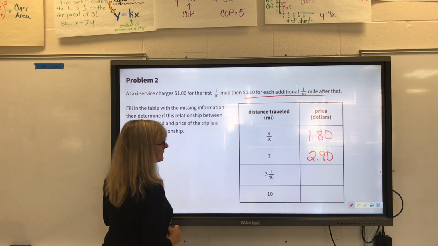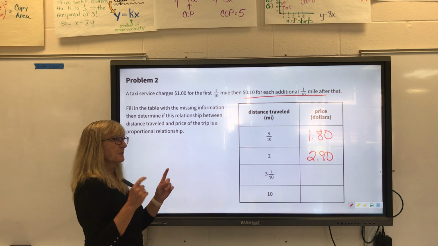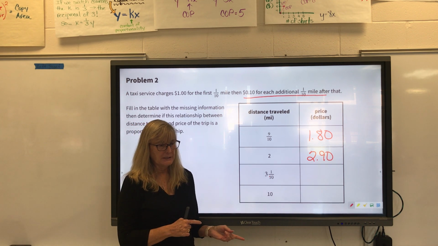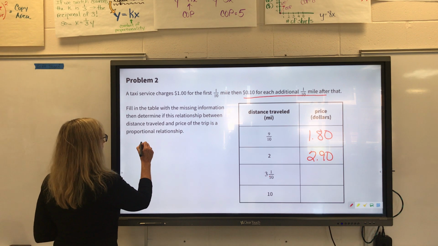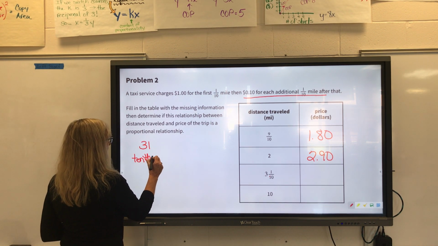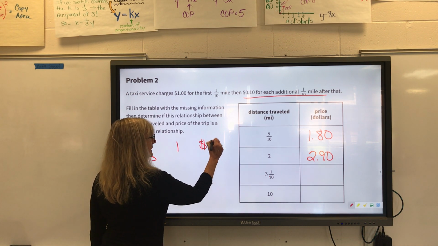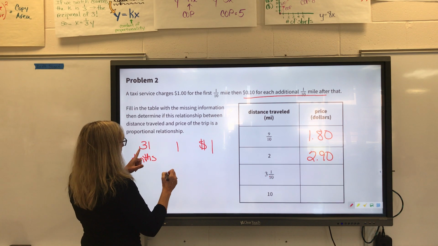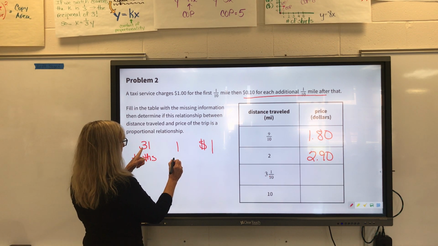Now we're going 3 1/10 miles. Well, 3 miles would have 30 tenths, and then I'm adding 1 more tenth. So I have 31 tenths of a mile. The first one costs me $1. How many do I have left now? 30.